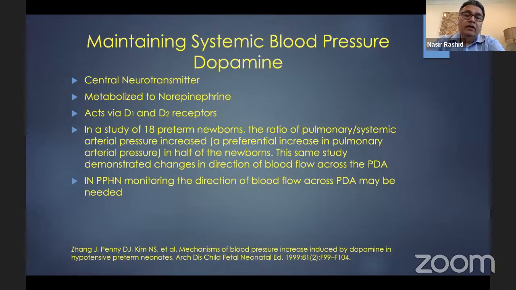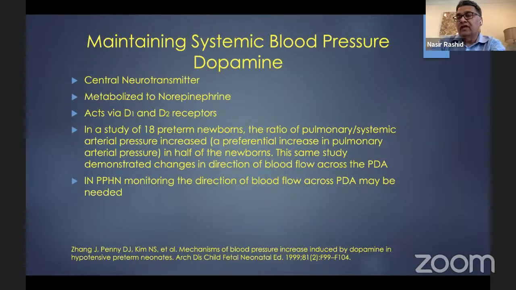Dopamine is one of the commonly used. It's a central neurotransmitter. It is metabolized to norepinephrine. It acts by D1 and D2 receptors. And in an infant with PPHN, if you have a bedside echo available, you actually want to see that by starting the dose of dopamine, whatever dose you start with, your shunting is changed.